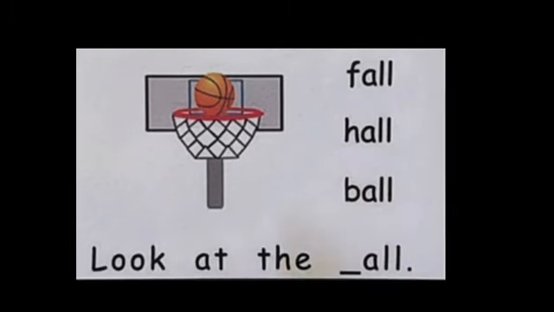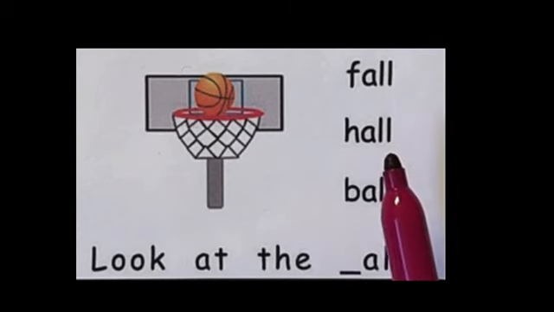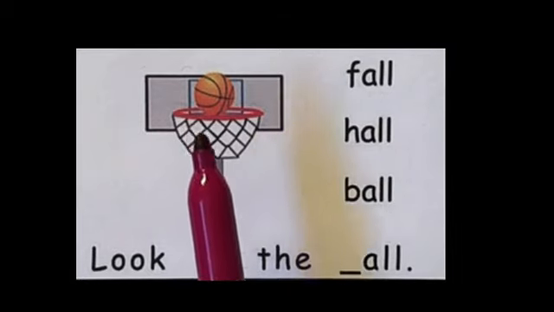Fall. Look at the fall. No. Hall. Look at the hall. That does not make sense. Let's try this one. Ball. Look at the ball. Yes, that makes sense, and ball also matches the picture.